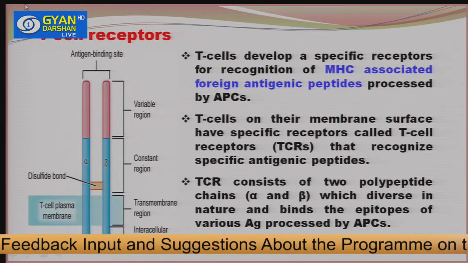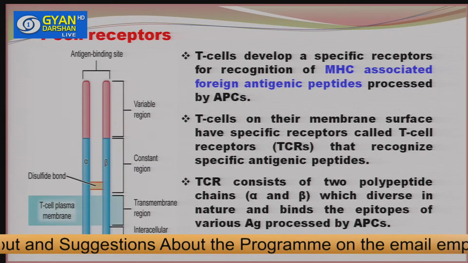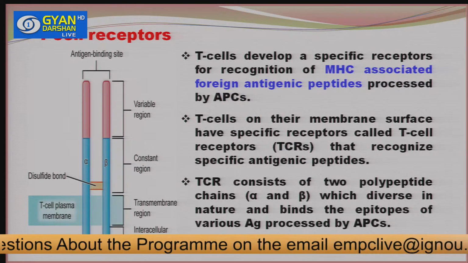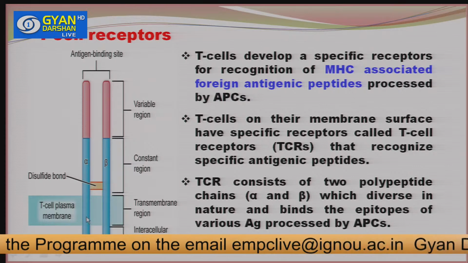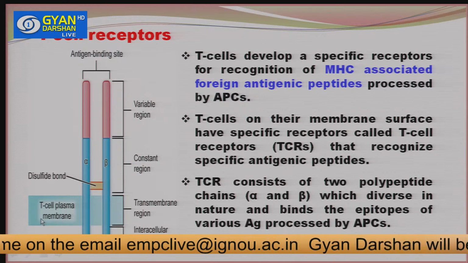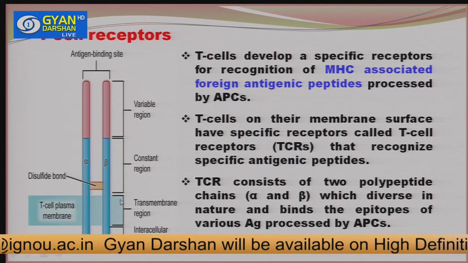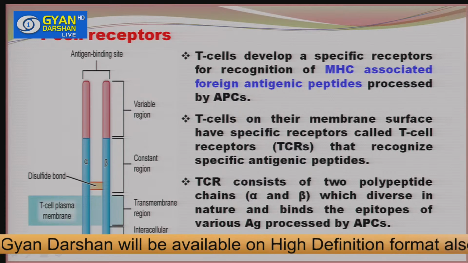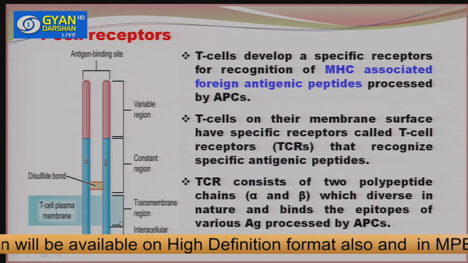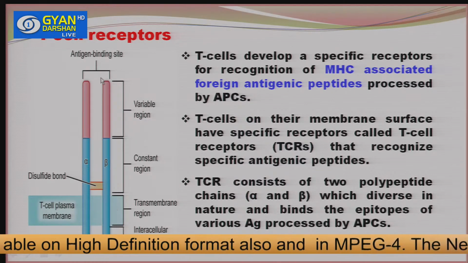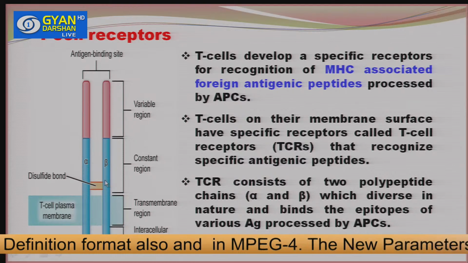Another thing I want to discuss is known as the T cell receptors. The T cell receptors are found on the T cells. You can see here the T cell plasma membrane, the transmembrane region, and intracellular domains. These are made up of particular proteins. Here are disulfides.